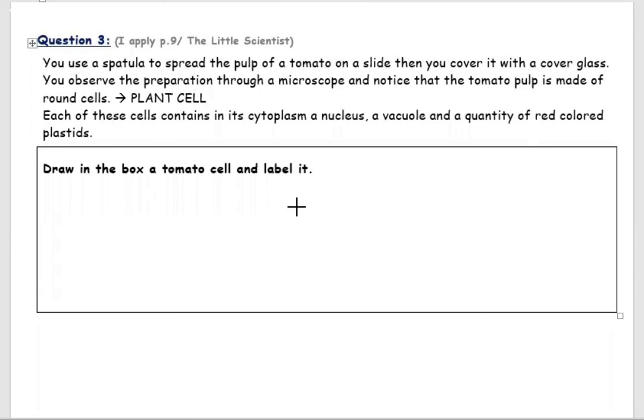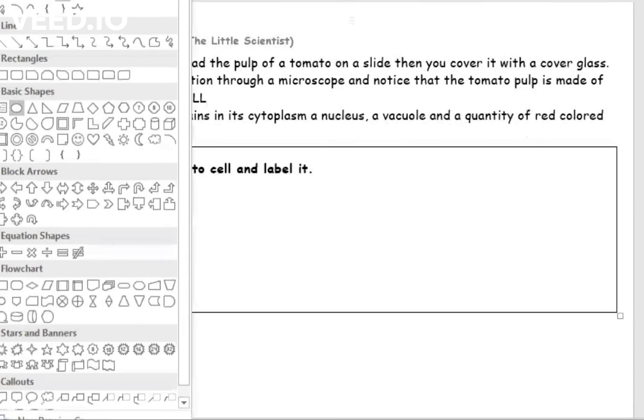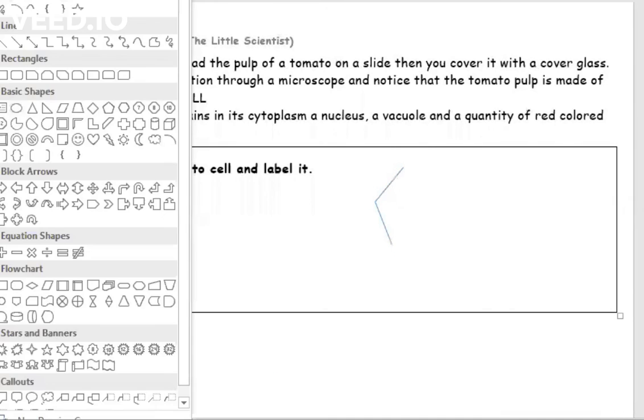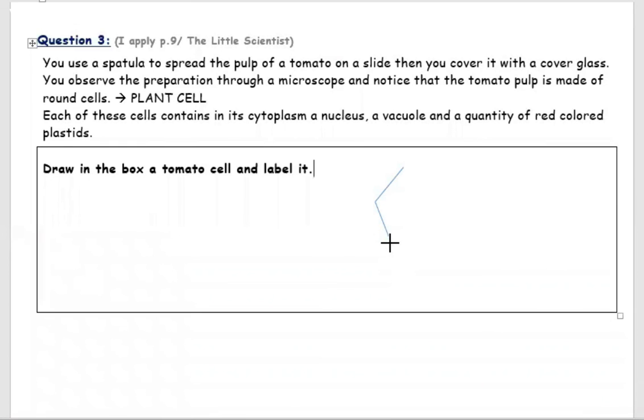So they are saying that, let me use the pencil. We will be drawing the tomato cell. This will be so slow, so you can skip. I'm drawing now the cell membrane of the cell.